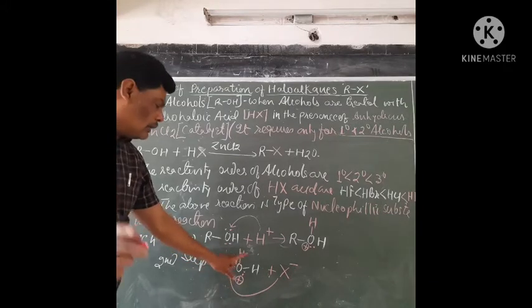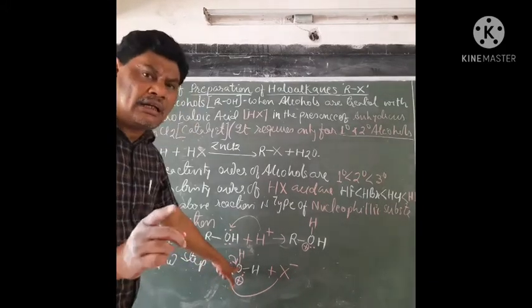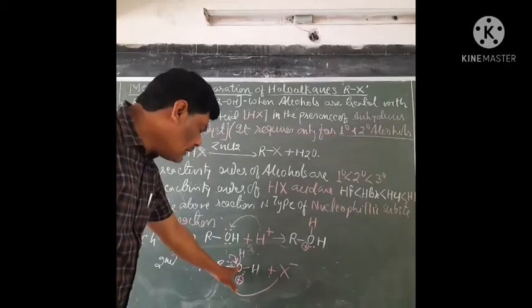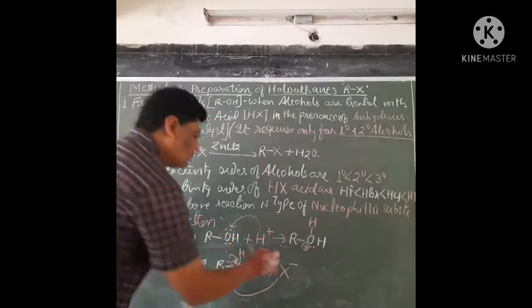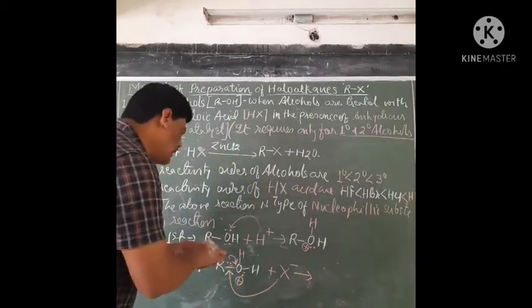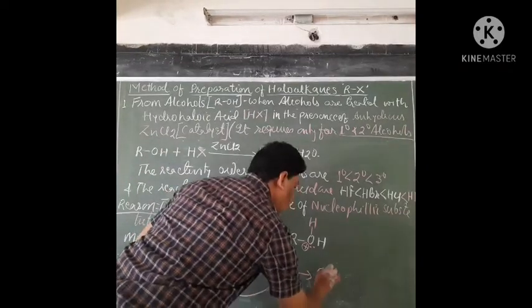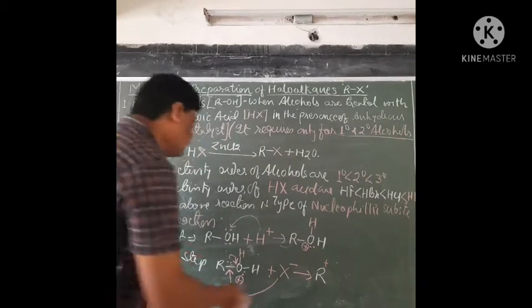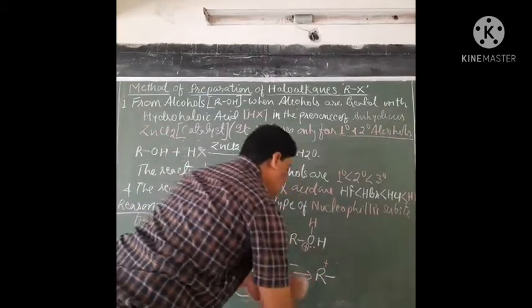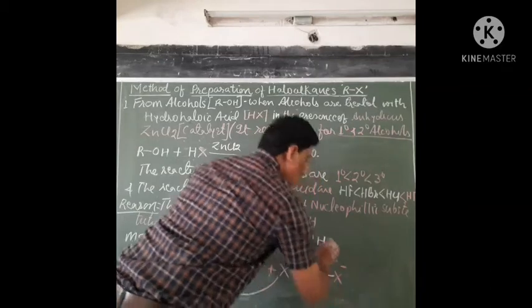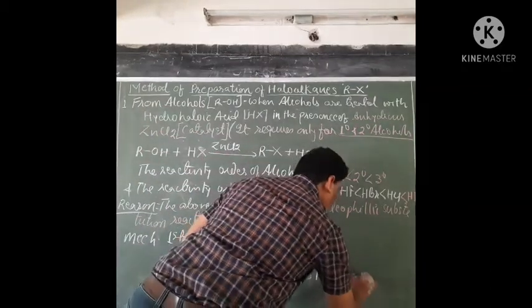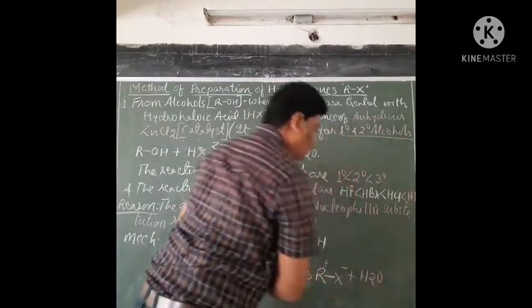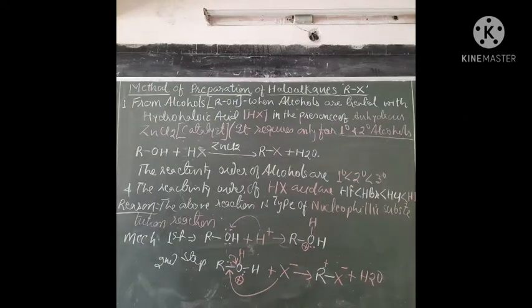And we know that water is a better leaving group. So when the water leaves, only R remains in the form of a cation, and the X anion can easily attack it, forming R–X and H2O. So this is the mechanism.